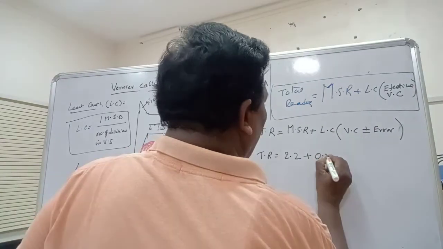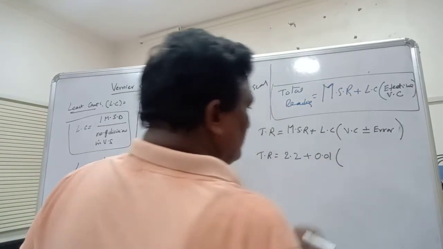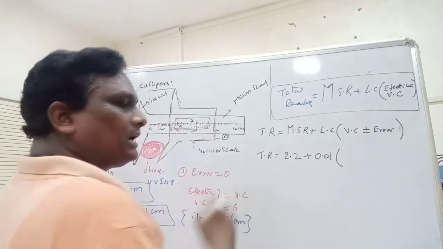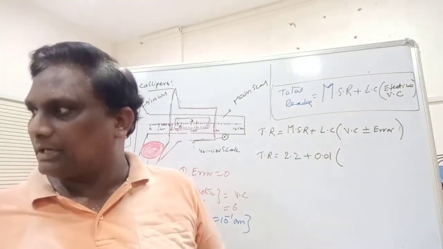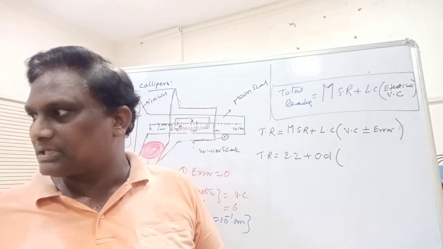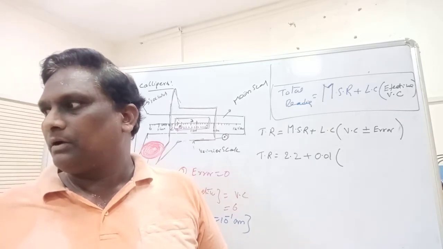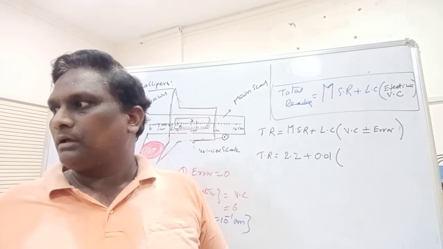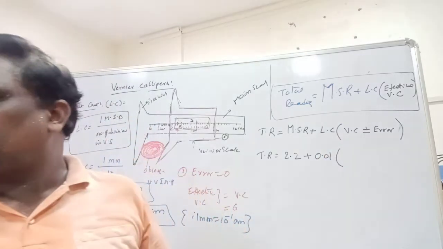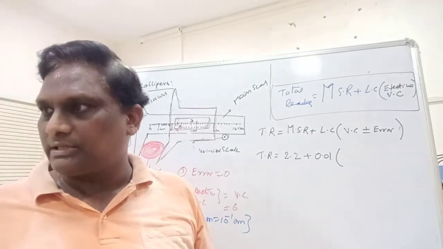That is 0.01 into, is it correct or not? What is this Vernier coincidence plus error? You consider it as a positive error, for example. Correction is negative. What value did you get in the previous example? I think 0.01 centimeters. No, with this effective value, you got some value, I think.